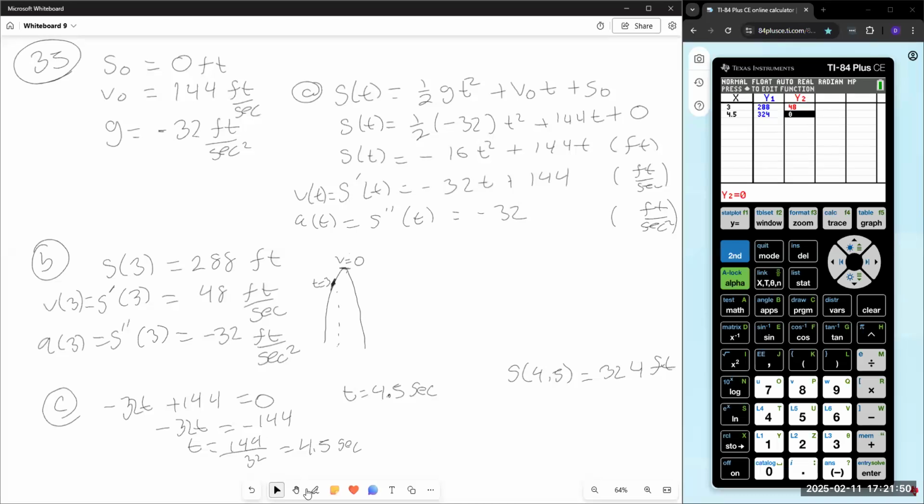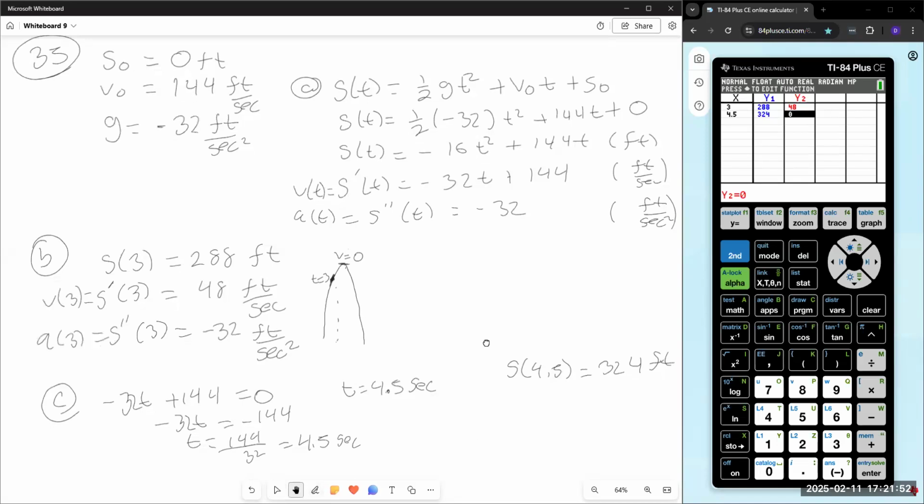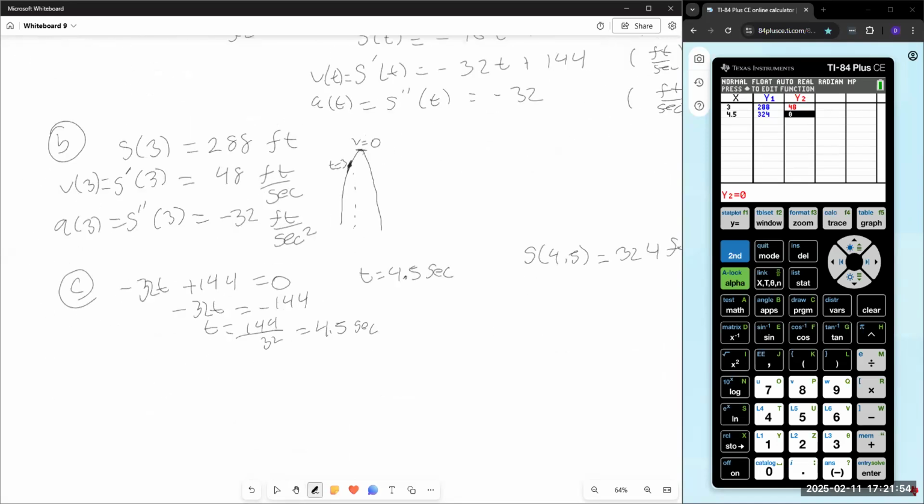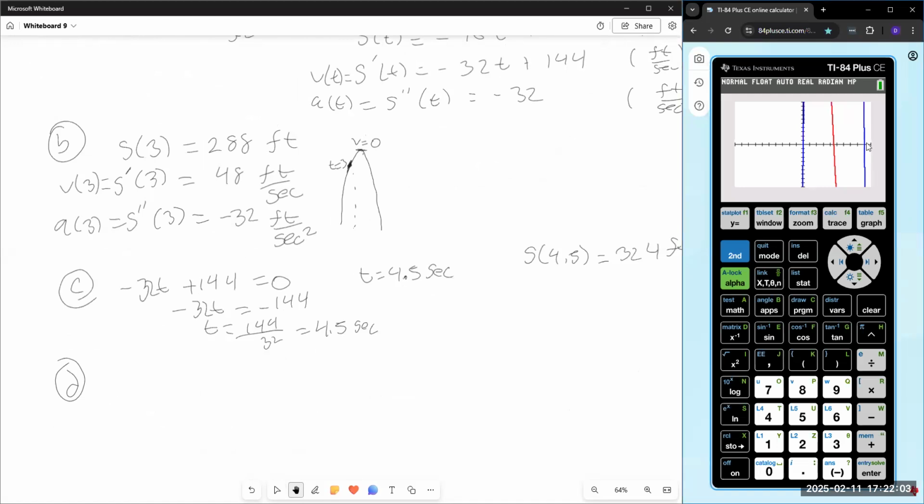Let me go ahead and scroll here for part D, which is what happens when it strikes the ground, how fast is it going? So when we come back and hit the ground, let's look at our graph again. That's over here at this 0 of the blue graph.